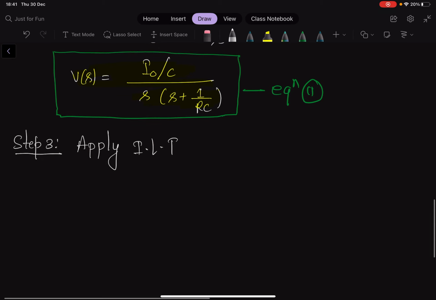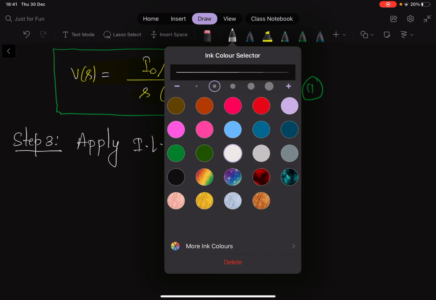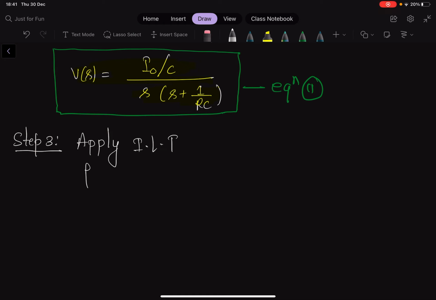So now again, we need a formula, because inverse Laplace also has a formula. So what formulas are we going to use here? Here we're going to use two formulas. Let me write the formula. This is the inverse Laplace formula. The first formula is 1 over s plus a.